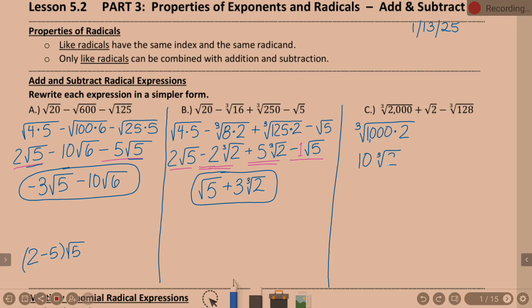So first term, we have 10 cube root of 2. Plus square root of 2. First of all, we're switching to square roots. Do we know the square root of 2? No. And it's smaller than my square root of 4 there. So square root of 2 just stays square root of 2.